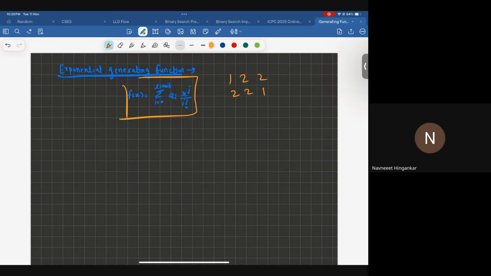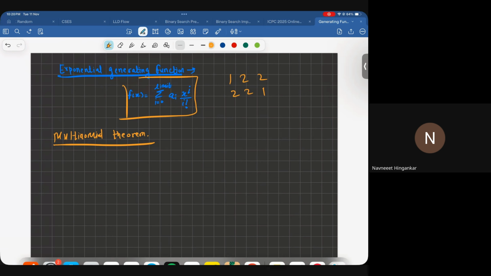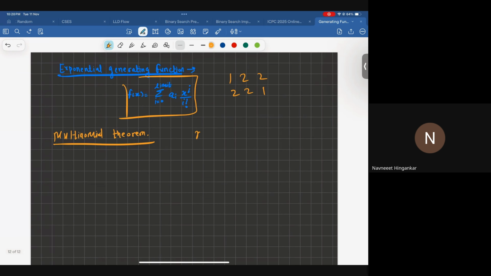Now, you might have heard about the multinomial theorem. What the multinomial theorem basically gives is n factorial upon r1 factorial, r2 factorial, r3 factorial, something like this.